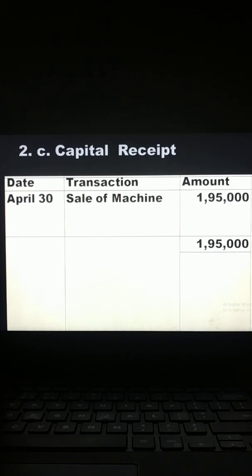In the very first class I discussed capital receipt, so you can take help from that lecture also. In this transaction, in this math, we have found that there is only one capital receipt. The organization sold the machine for 1,95,000. It is given in the requirement. So the capital receipt is 1,95,000.